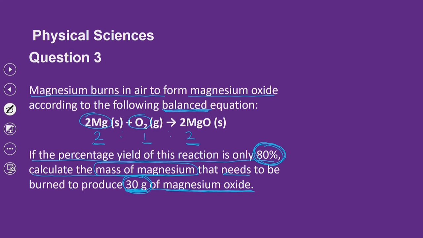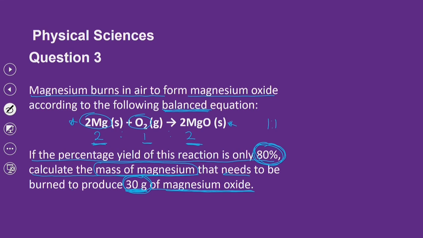So we're looking at magnesium and magnesium oxide. That is important because the mole ratio we're then looking at is 2:2, which is actually simplified as 1:1. Very important to keep in mind.